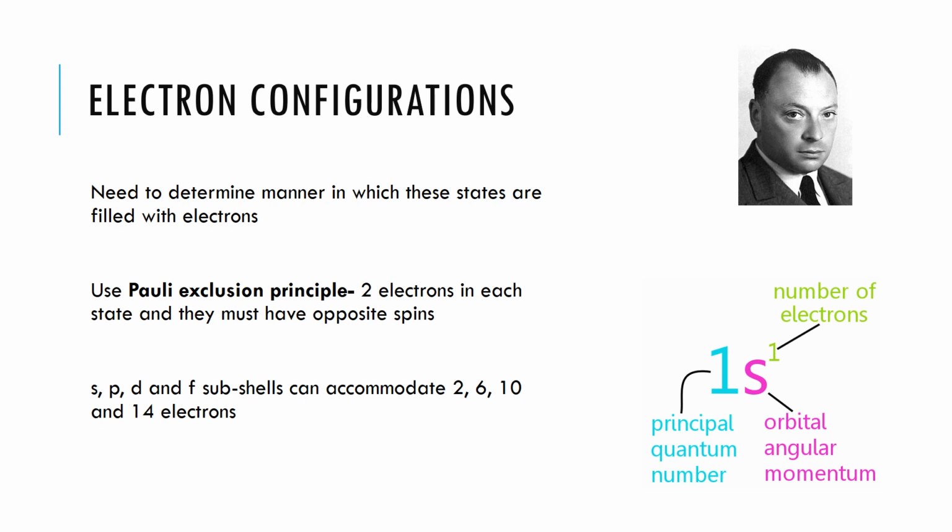Well, the big one in blue there is the principal quantum number. It tells us the energy level we're at with respect to the nucleus, how far we are away from the nucleus. The s in pink there is our orbital angular momentum quantum number. That tells us which subshell we're in, and the one in green tells us the number of electrons in that subshell.